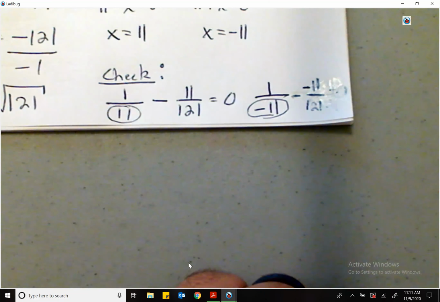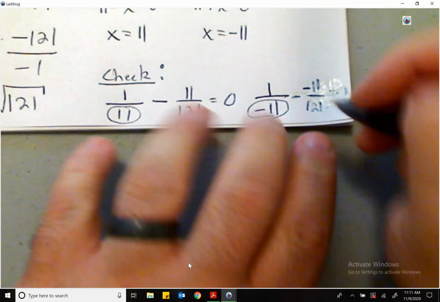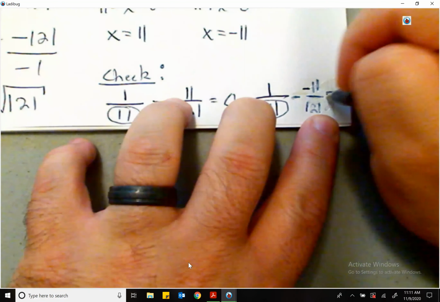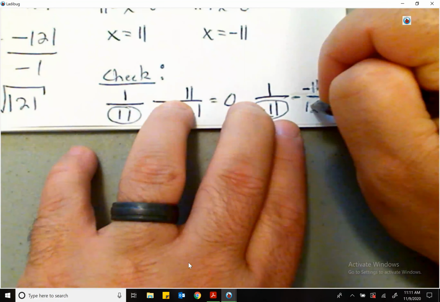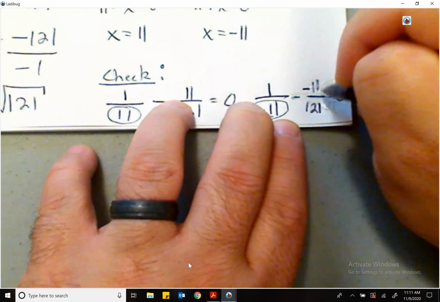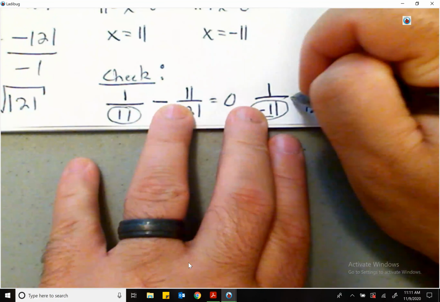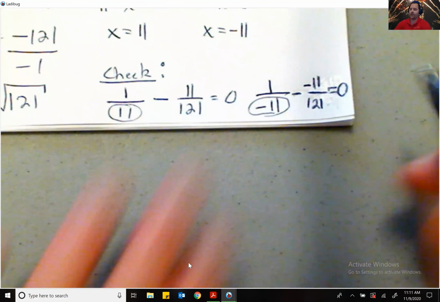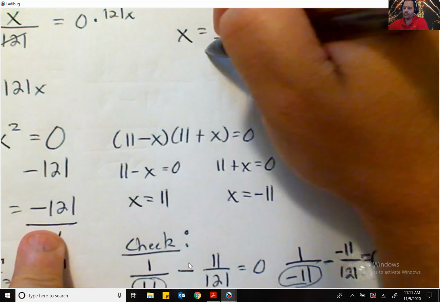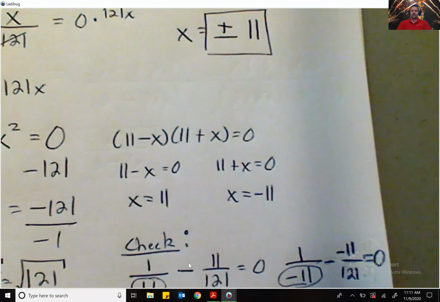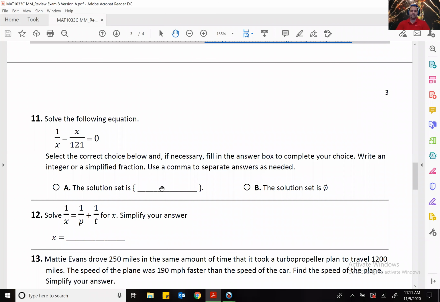So is that okay? Yes. Because again, as long as we're not 0 underneath, these answers are just fine. So in your blank, you'll put negative 11, comma, positive 11, or just 11 because it's positive.